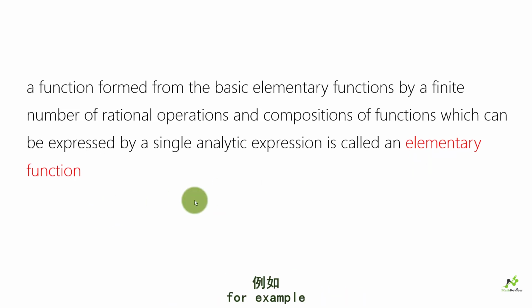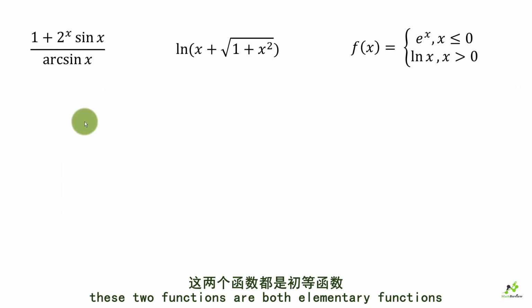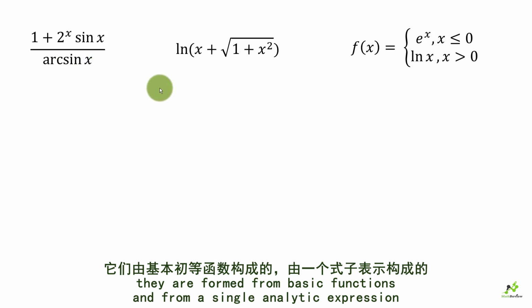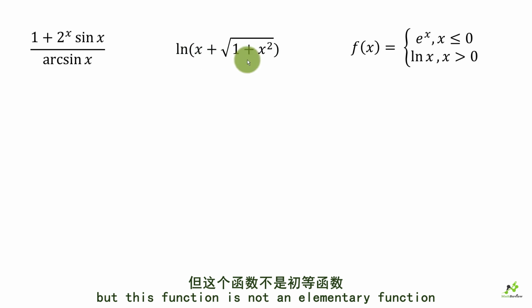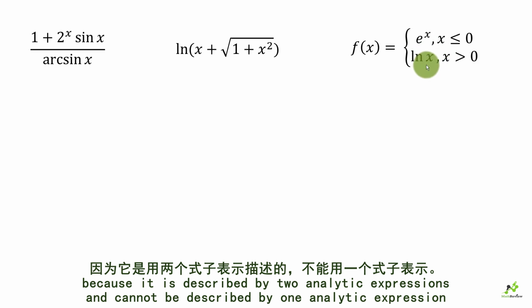For example, these two functions are both elementary functions. They are formed from basic elementary functions and form a single analytic expression. But this function is not an elementary function because it is described by two analytic expressions and cannot be described by one analytic expression.